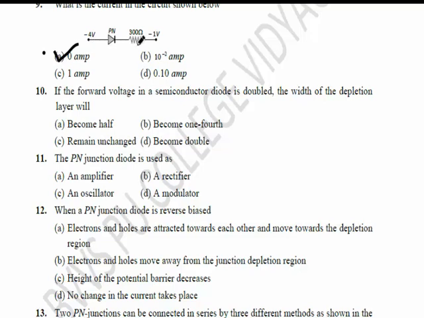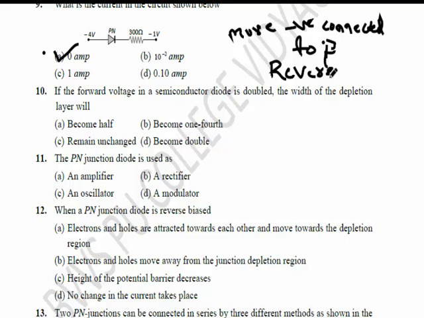Why is the current 0 ampere? Because more negative is connected to P, it becomes reverse bias. In reverse bias, the current is 0, as it acts like an insulator.